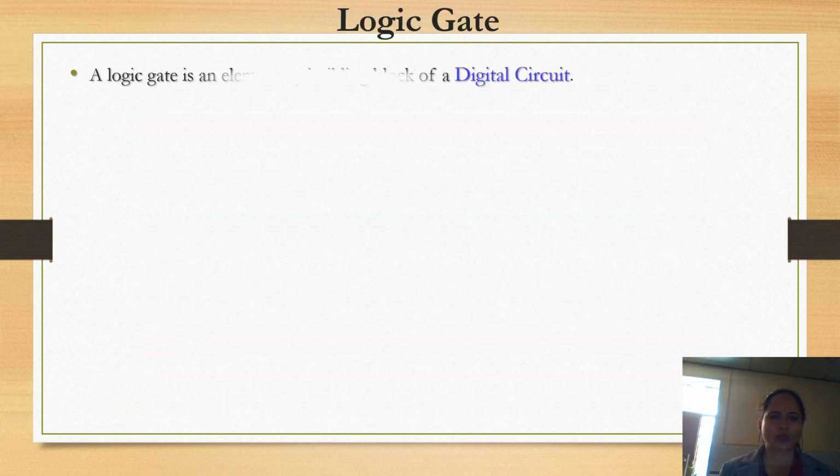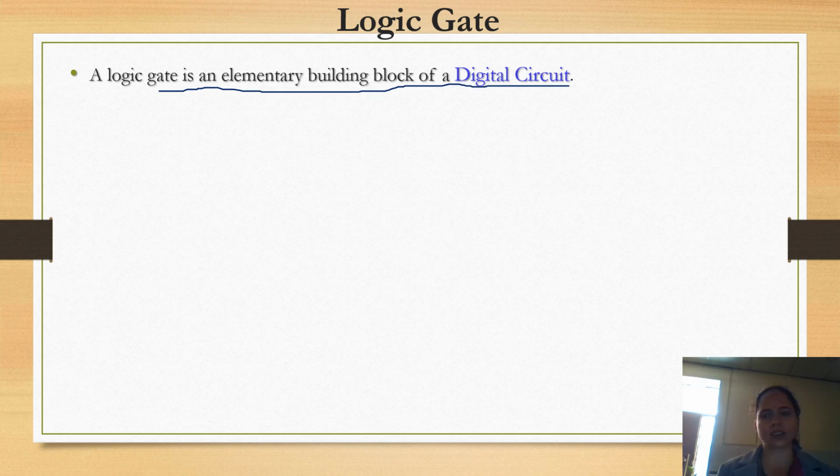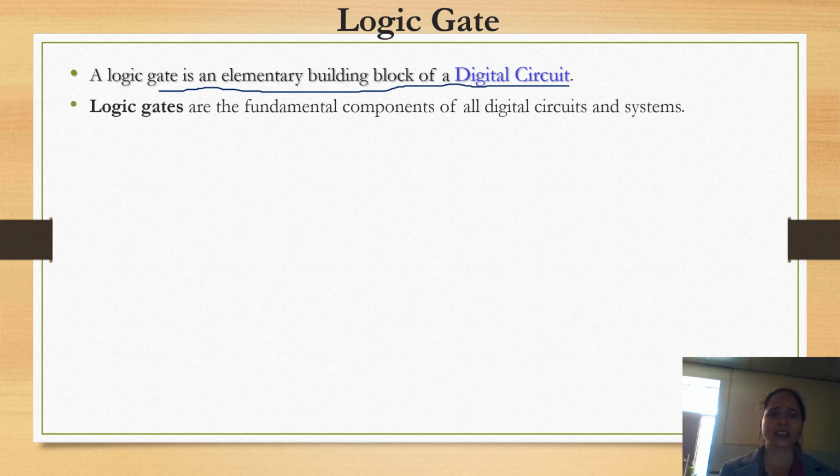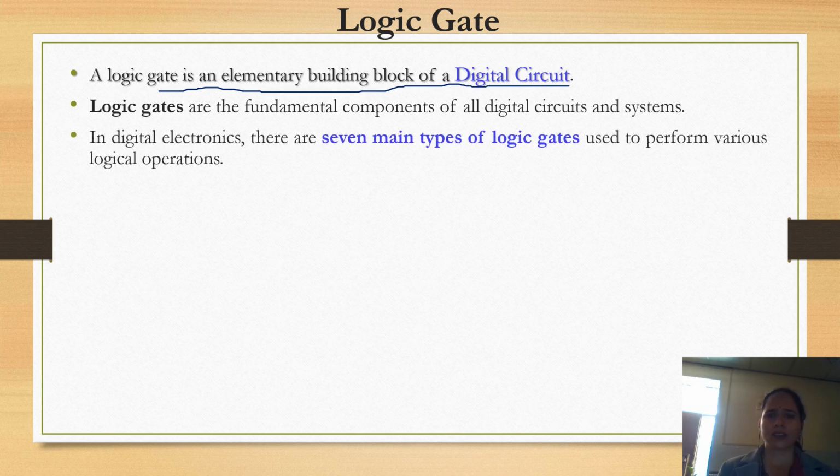Logic gates mean a logic is a basic entity of any digital circuit, and logic gates are a fundamental component in a digital circuit system, because every circuit is created using the logic gates.